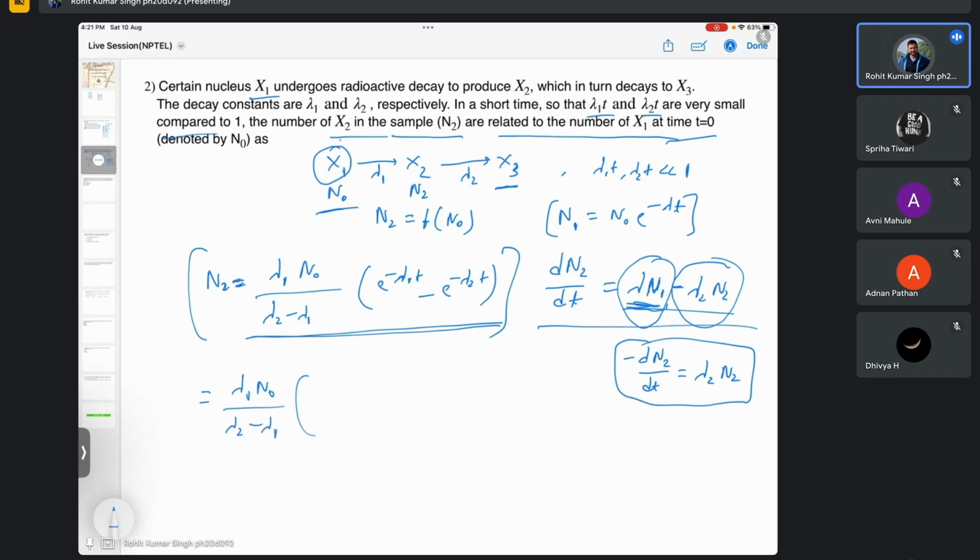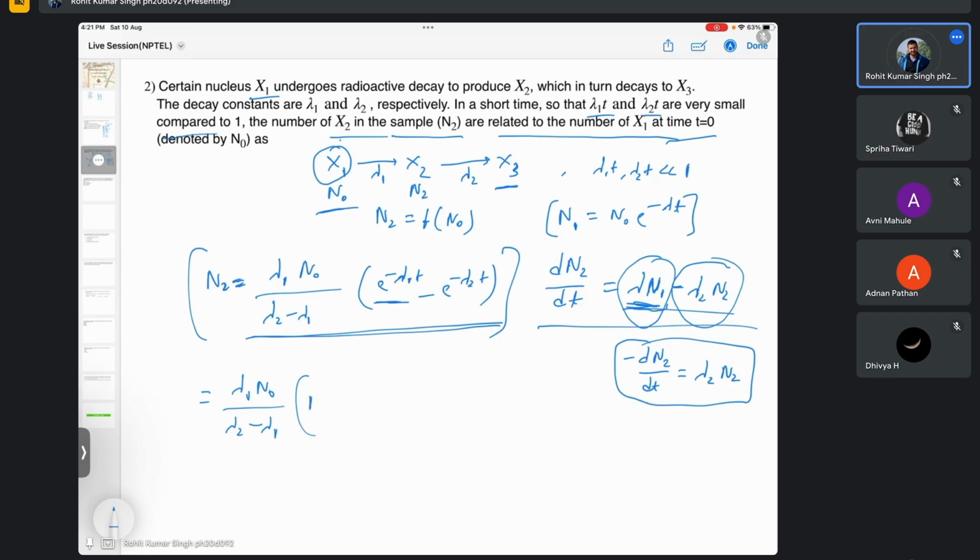We can do a series expansion of these exponential terms. You know that an exponential can be expanded into a series.